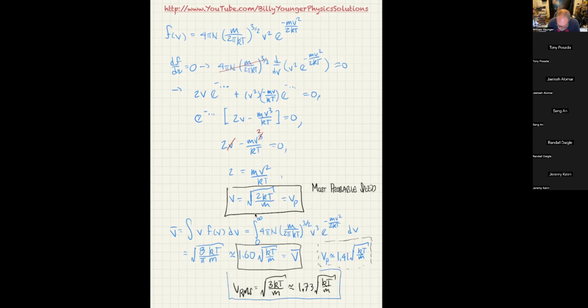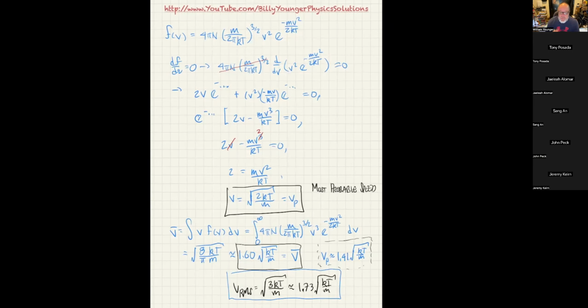Now, if you wanted to do this root mean square one, basically I just showed you that you would calculate the integral above, which is v times f of v dv. If you wanted to calculate the vRMS, we just did it using our formula that the average kinetic energy equals 1/2 m vRMS squared, but that's also equal to 3/2 kT.